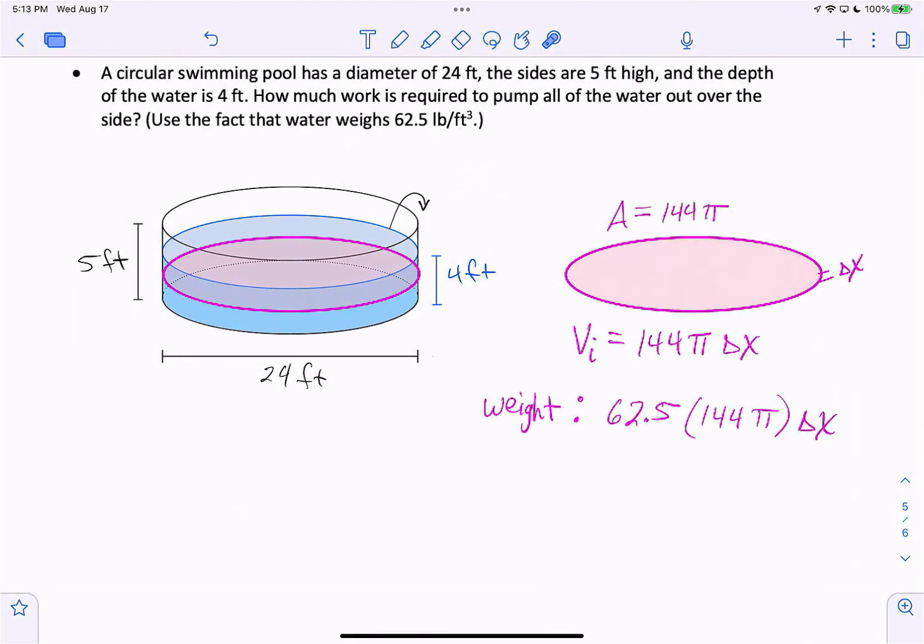Since this pool is circular with vertical sides, all the layers of water have this weight, which, as it turns out, is 9,000 pi times delta x. Weight, by the way, is another name for force. And so we can say F of x is equal to 9,000 pi delta x.